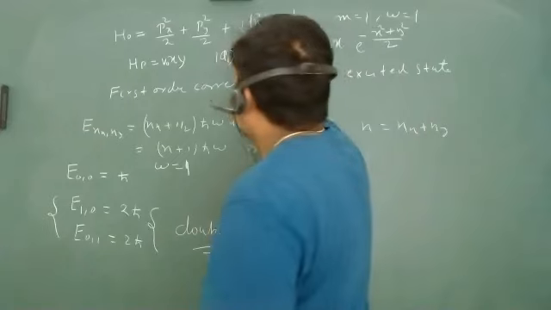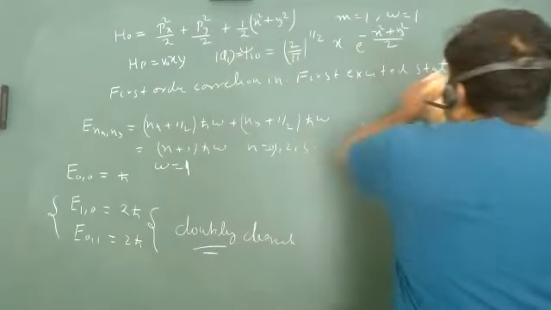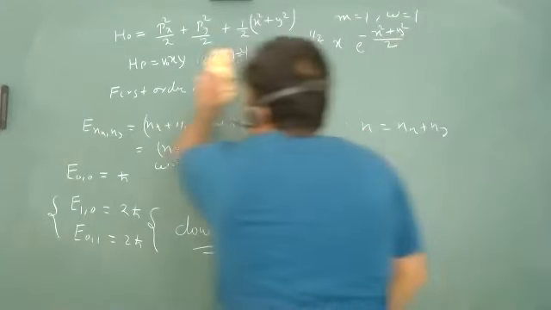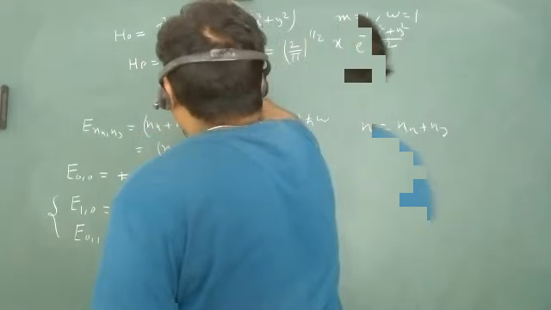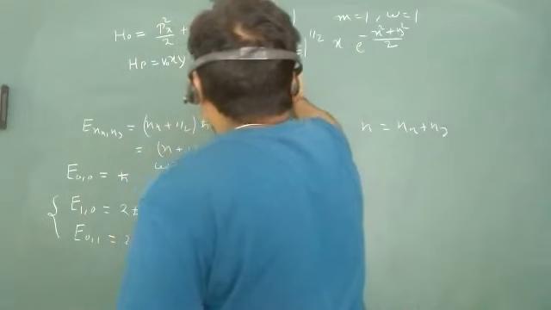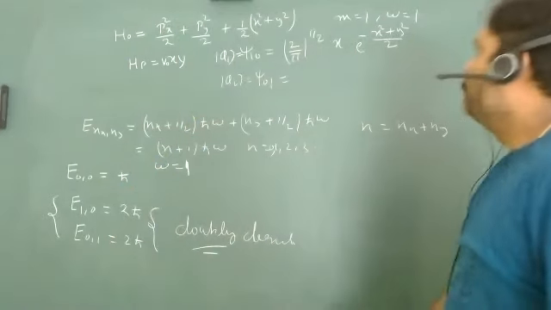Psi 01. So what will be that value? Let's say this is phi 2, psi 01. Can you please guess what that value will be?